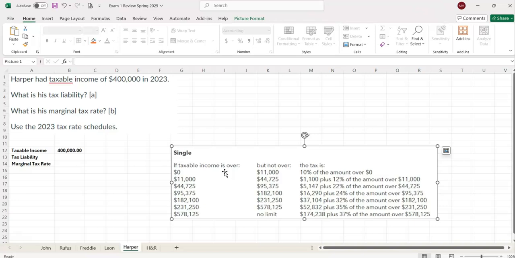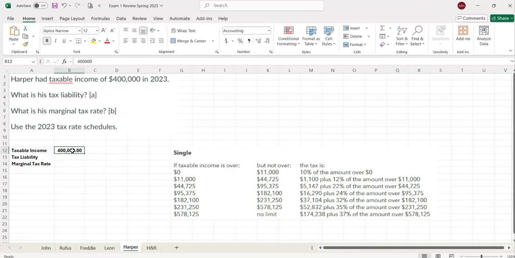In class, we will use the 2024. What we do is we look at the $400,000 and we find where the $400,000 fits into the bracket.